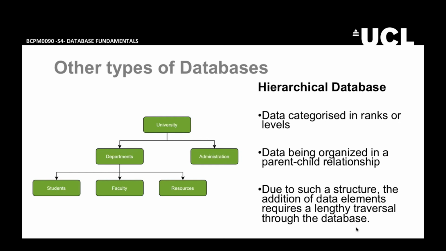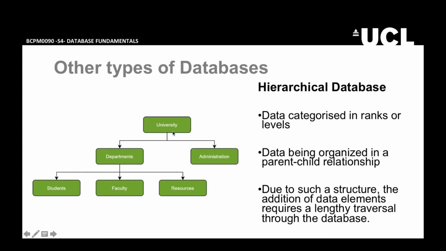In the case of a hierarchical database, the data is going to be categorized in different levels, and this will be organized in what we call a parent-child relationship. By using this type of structure, the addition of data elements will require a lengthy traversal through the database. Here you can see an example of a hierarchical database.